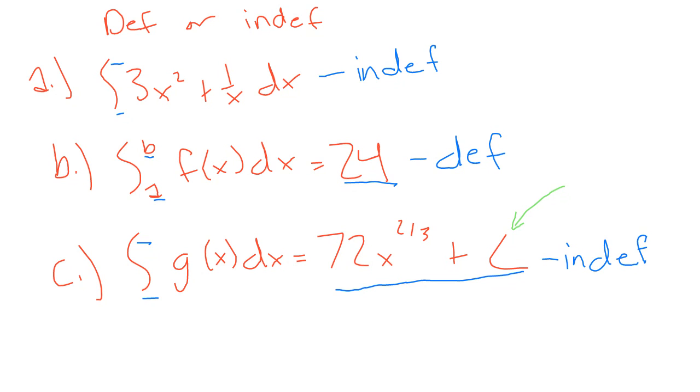But let's say we're trying to take the antiderivative or integrate a function. How do we know that there wasn't a constant there?